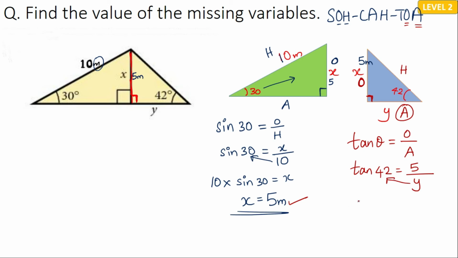You cross multiply. Y times tan 42 is equal to 5. Now your aim is to find the value for Y. So the tan 42 will be removed, moving into the other side. So it's 5 divided by tan 42.